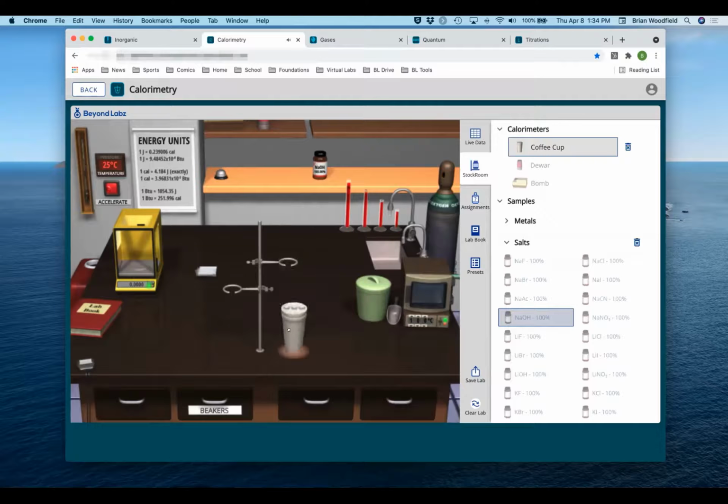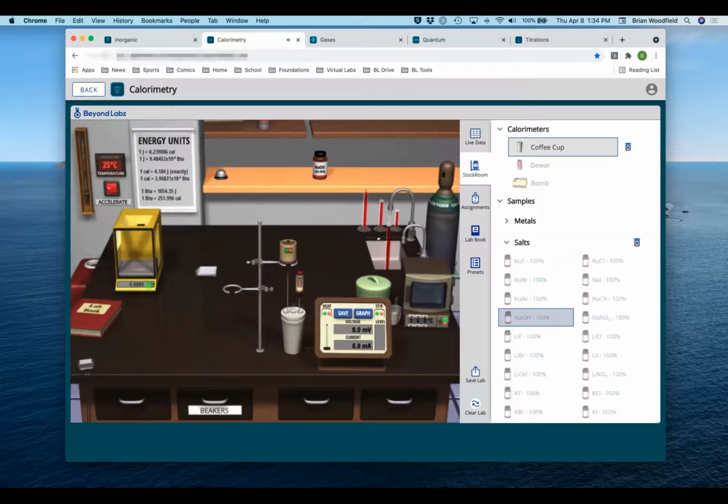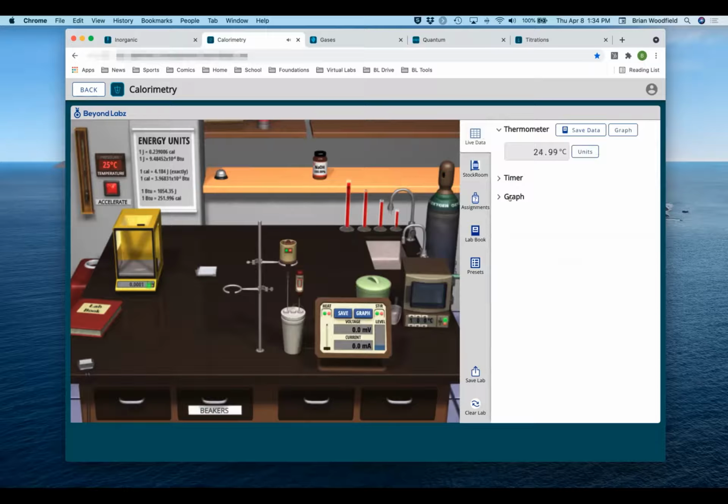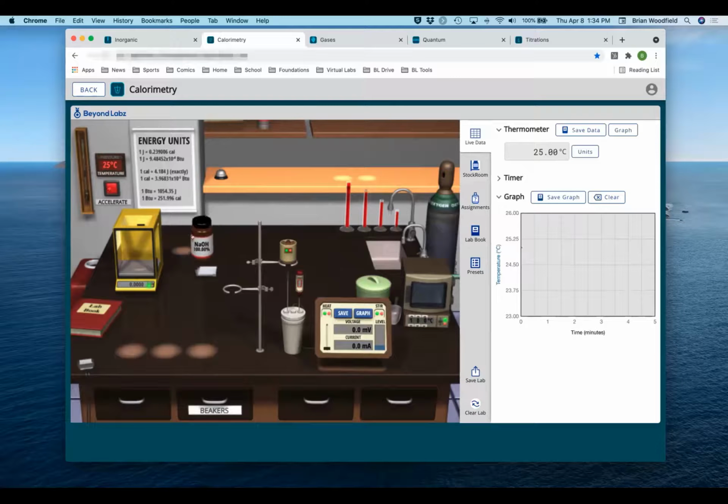I can drag my coffee cup down here and add some water to my graduated cylinder, so I know how much I have. Take this, add it. Now I can go to live data, turn on my graph, and come over here to sodium hydroxide. I'm going to measure the heat of solution. I can come over here and save data.